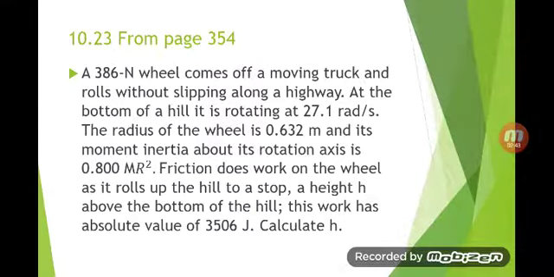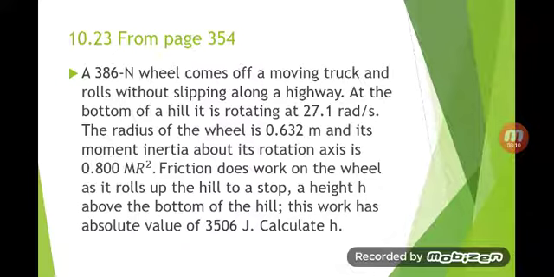So from 10.23 from page 354, a 386 newton wheel comes off a moving truck and rolls without slipping along a highway. At the bottom of the hill, it is rotating at 27.1 rad per second. The radius of the wheel is 0.632 meters and its moment of inertia about its rotation axis is 0.8 mr squared.